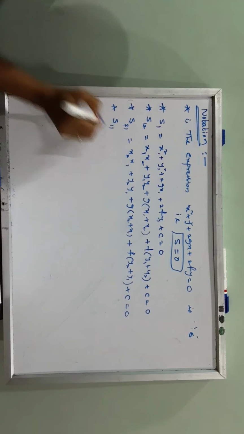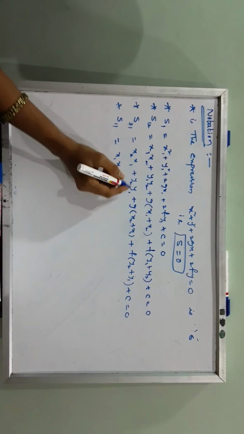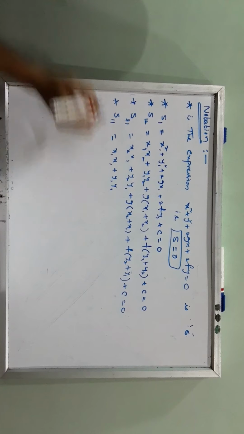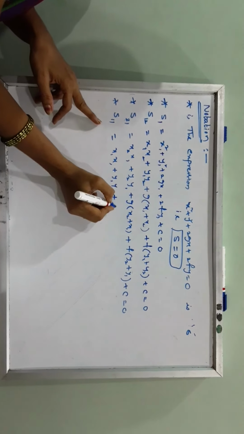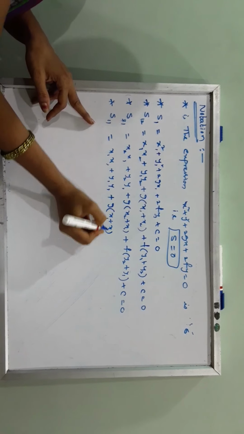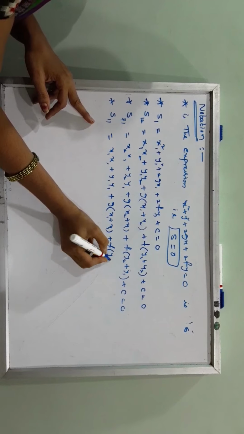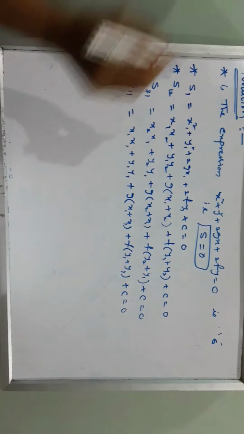The next one is S11. S11 can be written as x1 into x1 plus y1 into y1 plus g of x1 plus x1 plus f of y1 plus y1 plus c is equal to 0.